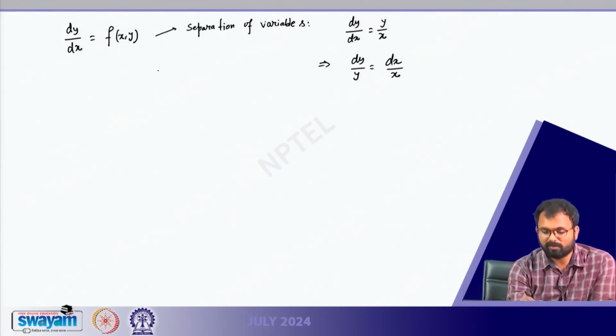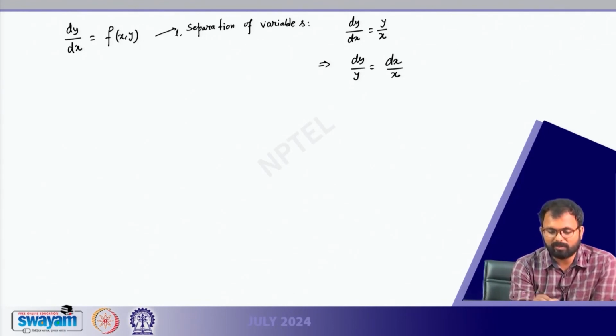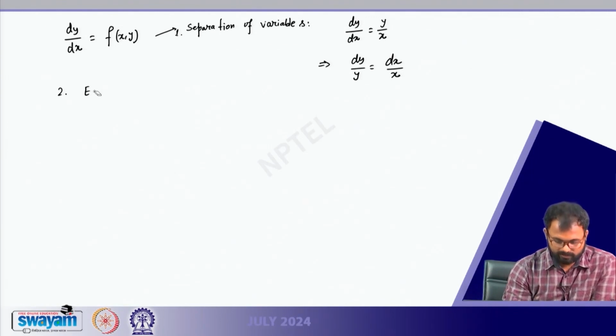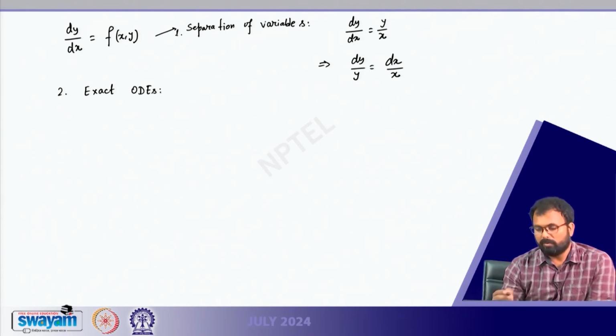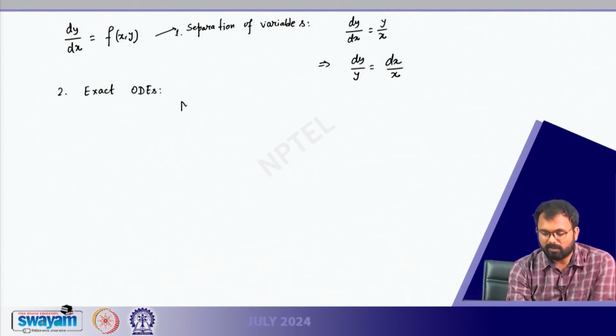Separation of variables also works with the idea that the given ODE is actually exact, right. So this is separation of variables, and the second term that I am using is exact ODE, exact ordinary differential equations. So suppose your given ODE is of the form M dx plus N dy, right.